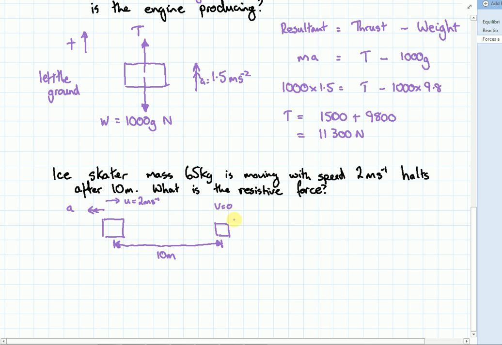If this was a bungee jump and he was being retarded, he could actually get a return journey. But in this case, we're going to assume he is trailing his foot, which leads to friction. The reason I'm making that assumption is that the force isn't going to keep acting afterwards. So when we get to when V equals 0, no forces act.